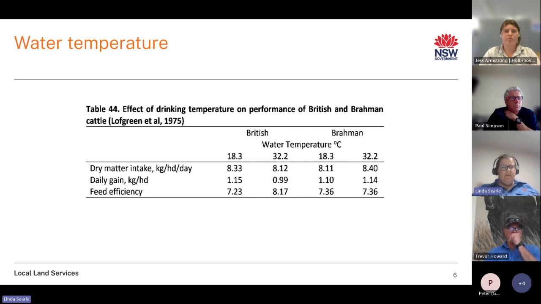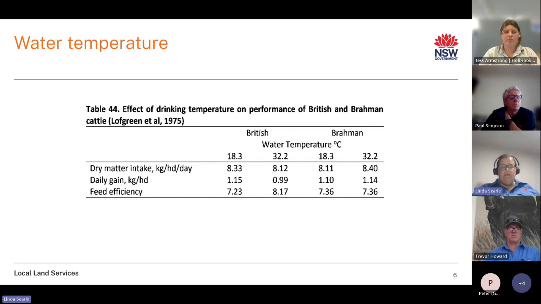Now, temperature of the water is something that you may or may not have thought of. This study on the screen here was done with cattle, but very similar outcomes are seen with sheep that were either British breeds, so they've come from a colder environment, versus merinos, which are more adapted to heat.